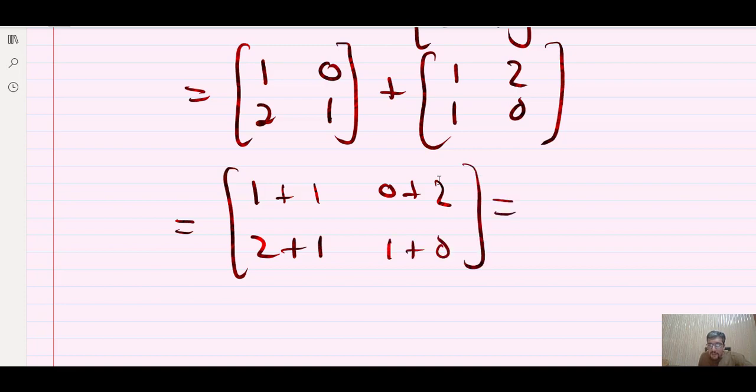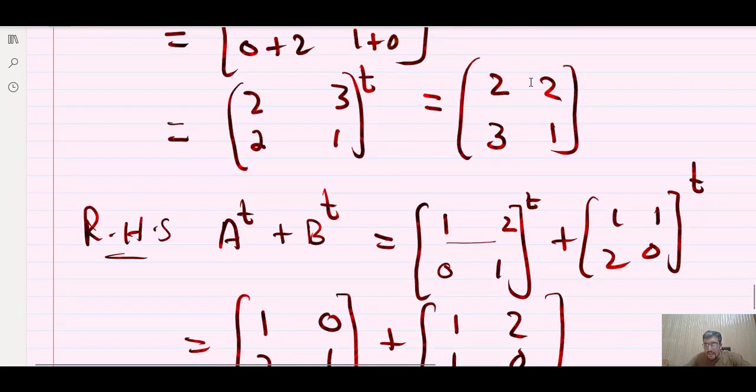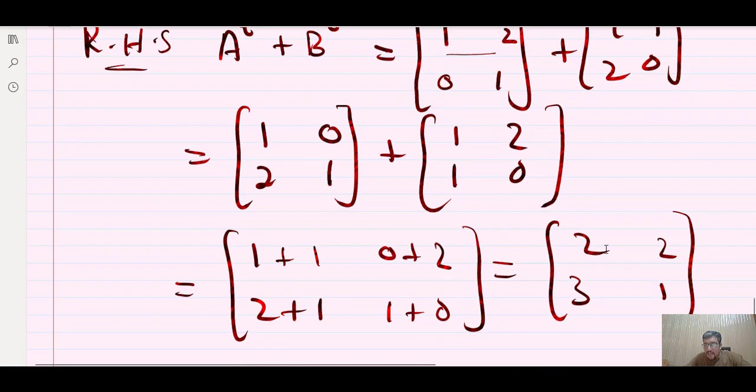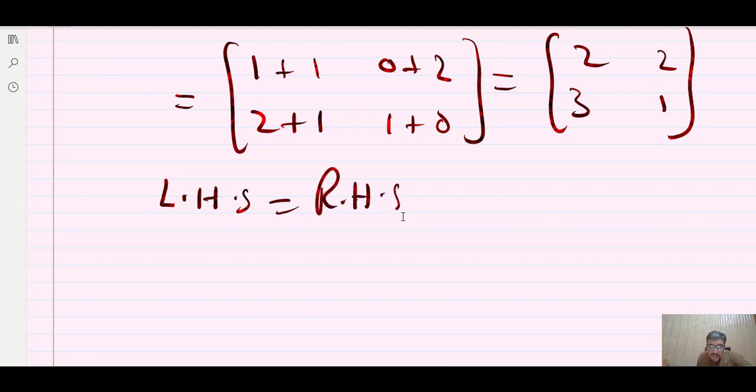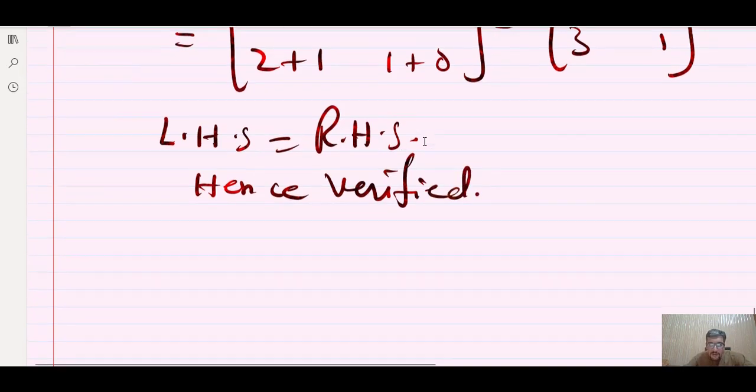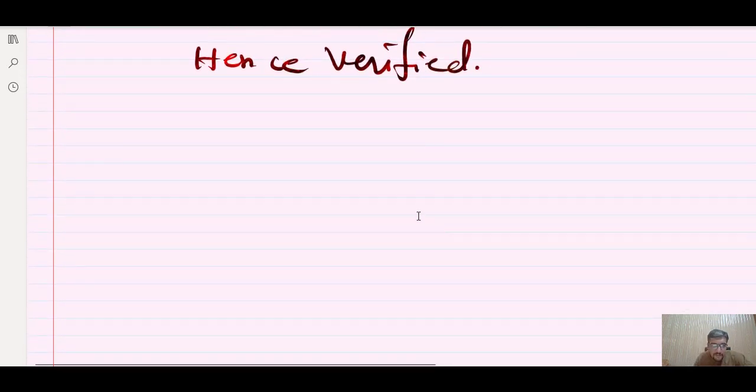So the result will be 2, 2, 3, 1. So see, are they the same or not? Here 2, 2, 3, 1 and 2, 2, 3, 1. So both sides are equal. Left hand side is equal to right hand side. Hence verified. In the same way, you have to solve part 2 of question number 8.